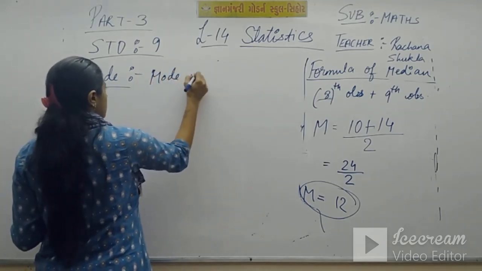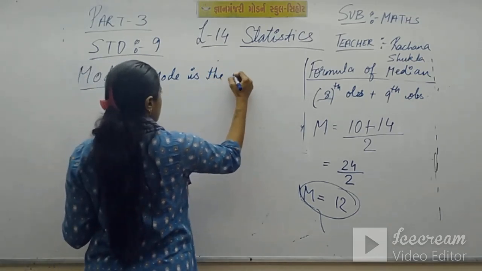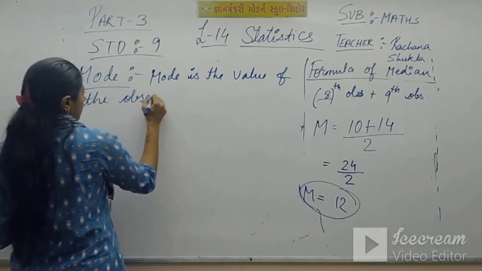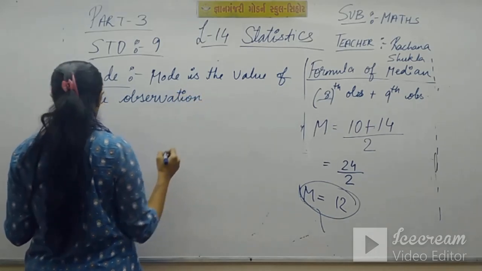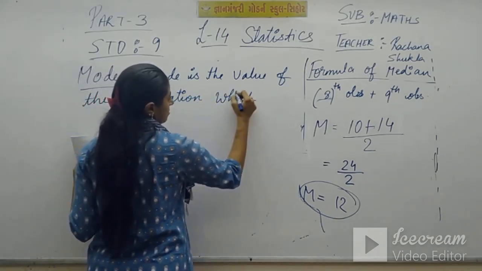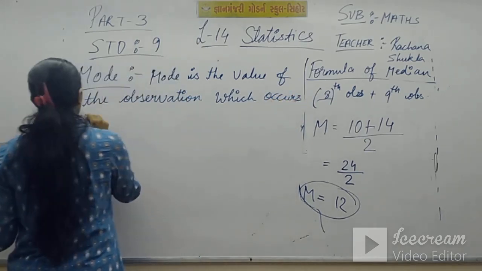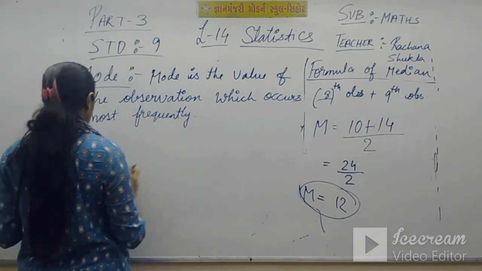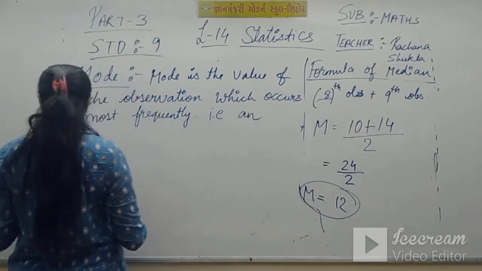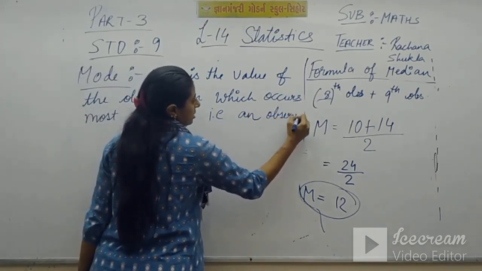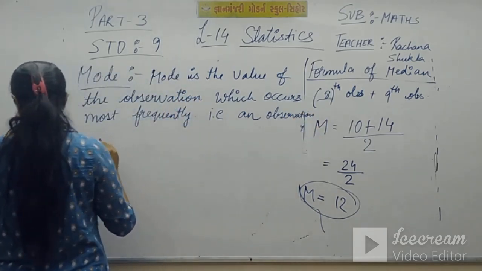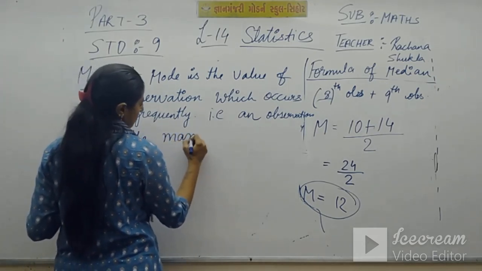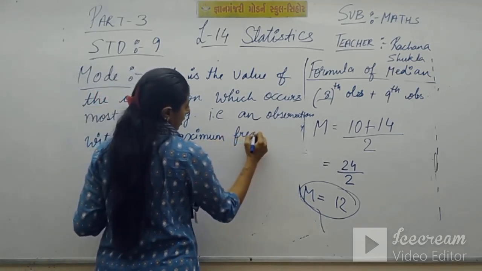Mode is the value of the observation which occurs most frequently, that is, an observation with the maximum frequency.